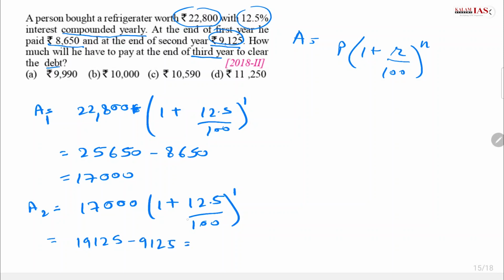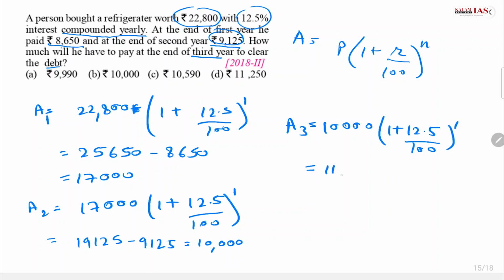So the amount left is exactly 10,000. So at the end of the third year, the person has to pay 10,000 into 1 plus 12.5 by 100 power n, which comes out to 11,250. So the answer is option D.